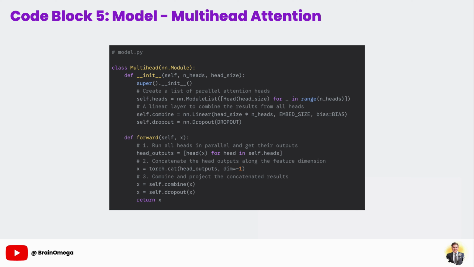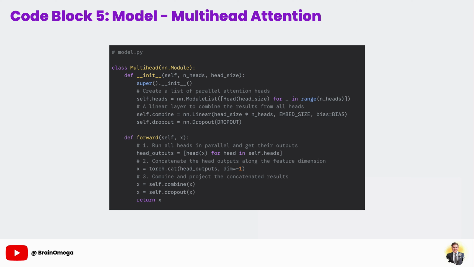In the forward method, you can see we get a list of outputs, one from each head. Each head has focused on something different. We then torch.cat them together, effectively lining up all the specialist reports side by side. This concatenated result is now very rich, but it's also very wide. So we use a final combine linear layer to project it back down to our model's standard embedding size.